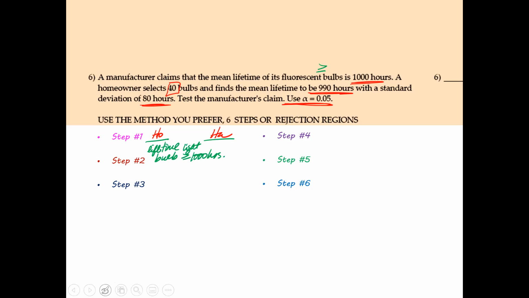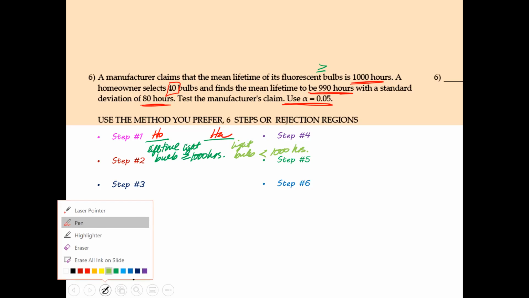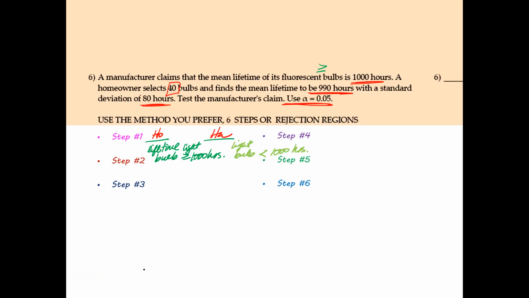Now your alternative hypothesis is opposite of that: the light bulb is going to be less than 1,000 hours of use. I'm sure these companies will love to say, trust our product, it's going to last forever, but in fact, it falls short.